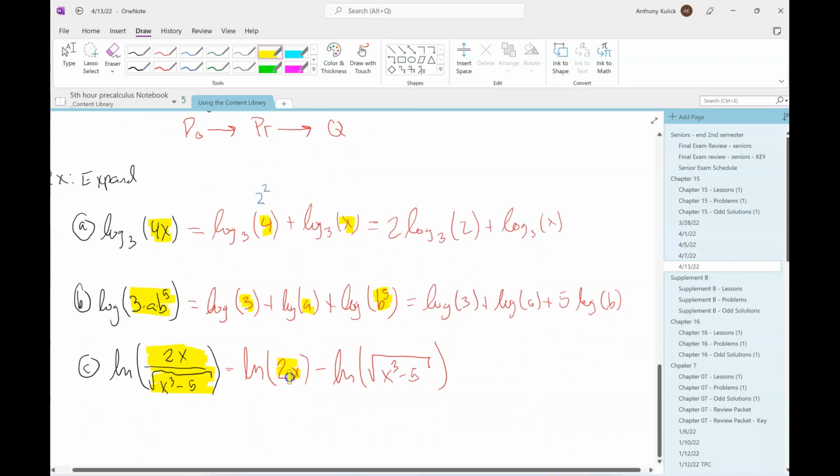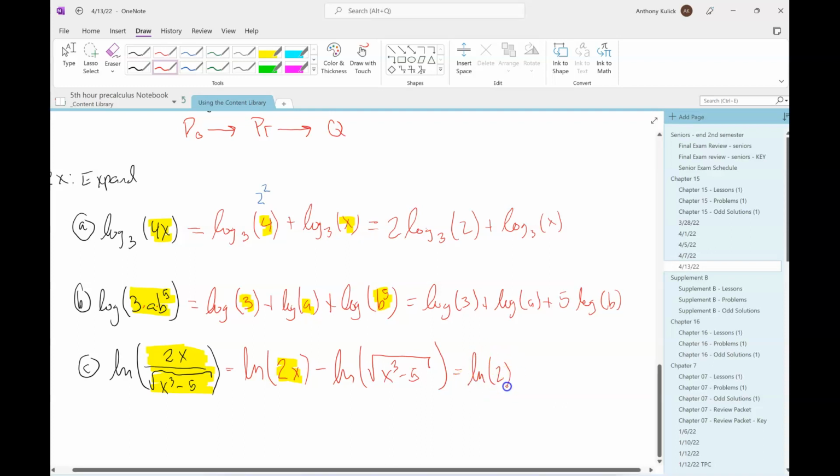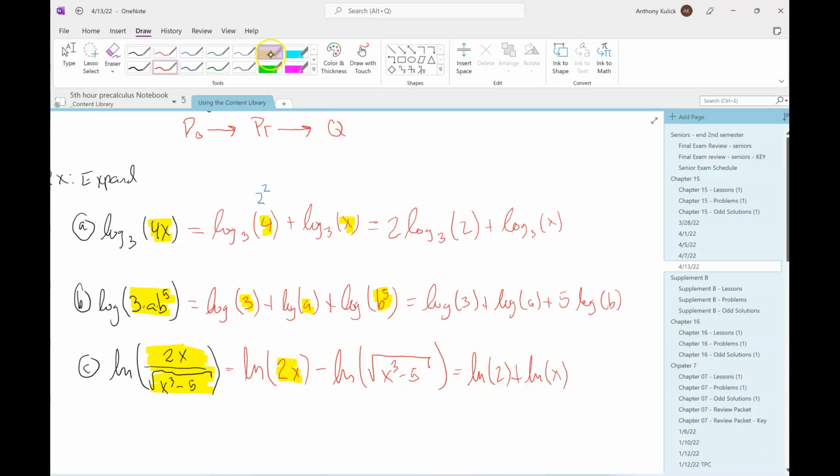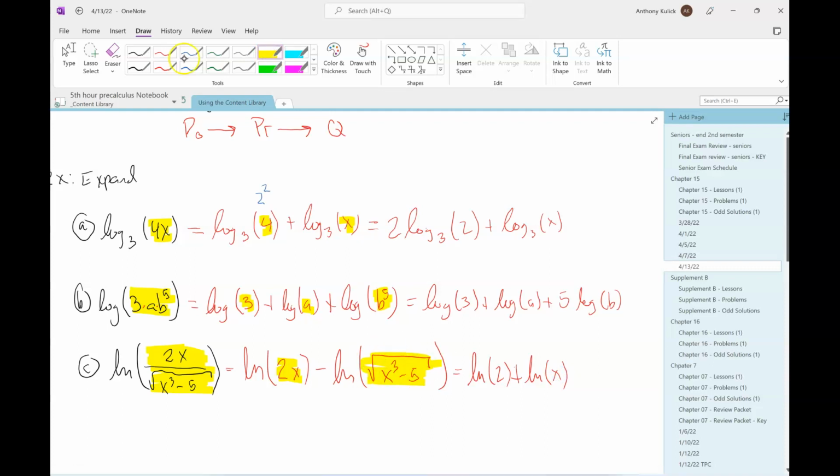Okay. Let's look at the natural log of 2x now. Quotient property. Is there one going on there with log 2x? Nah, man. Product property? Yes. Okay, so let's apply that. So that's going to be natural log 2 plus natural log x. Now let's look at the natural log of the square root of x cubed minus 5.